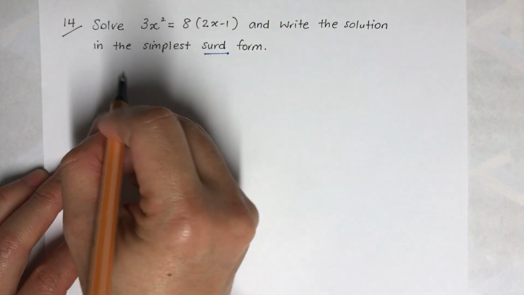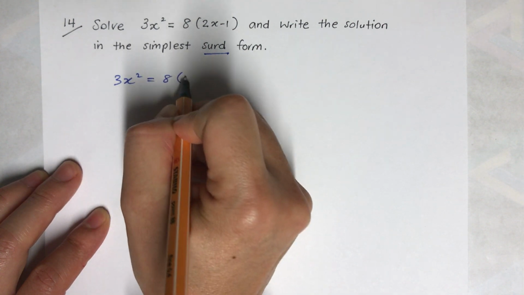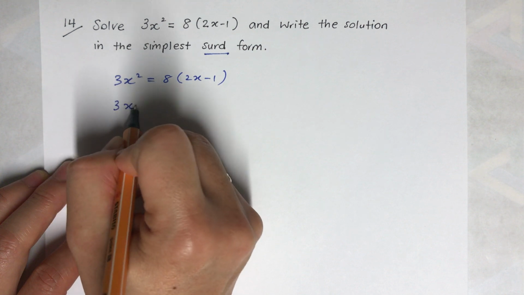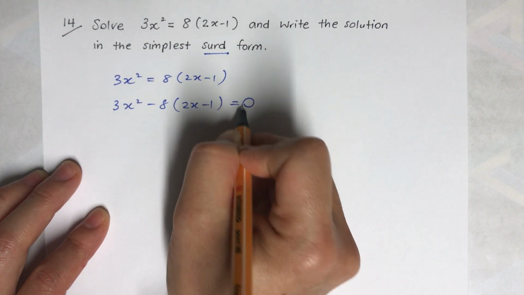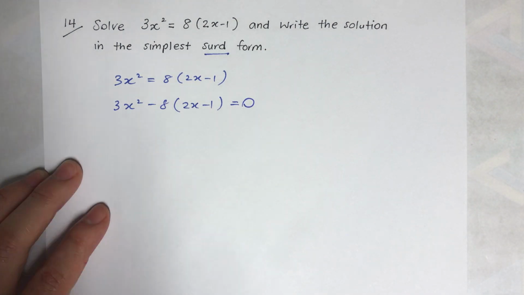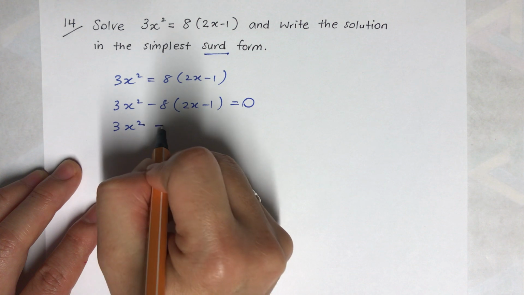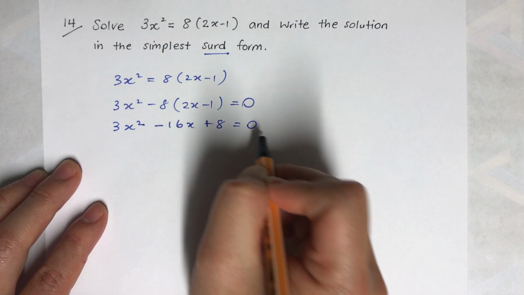I'm going to rewrite this. Equals 8, 2x minus 1. I'm going to put it all in one side. 0. And I'm going to expand this one. 16x plus 8 equals 0.